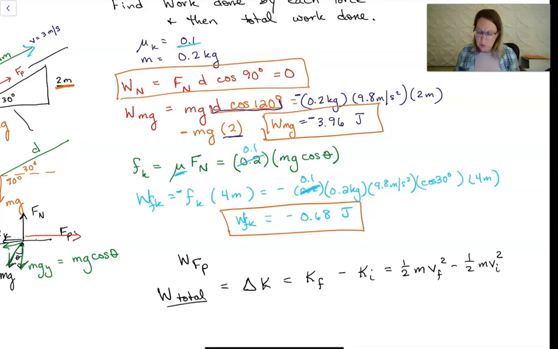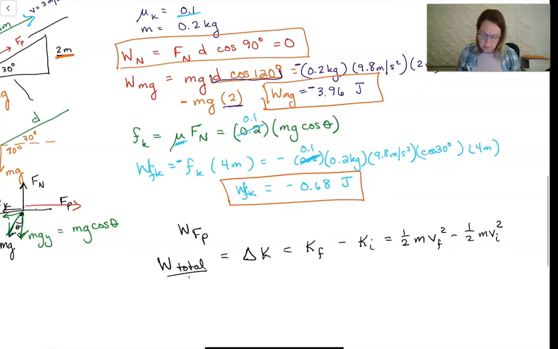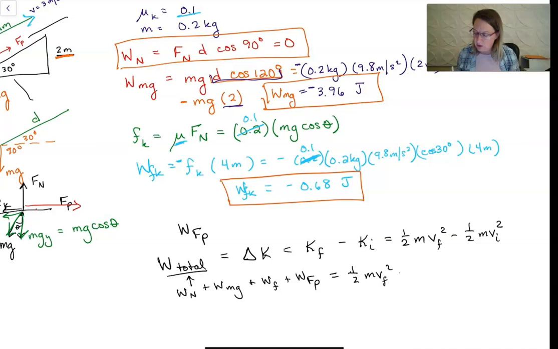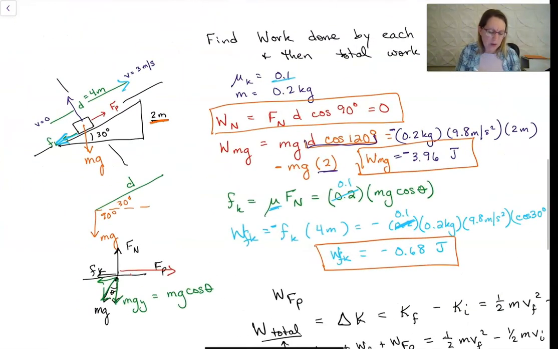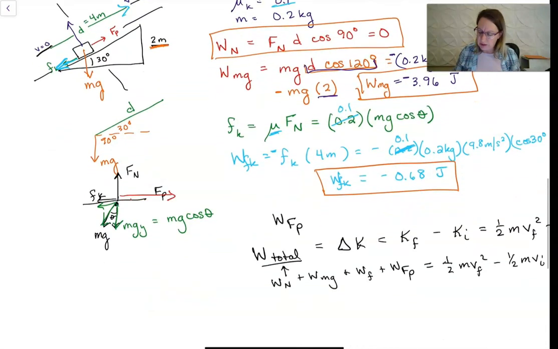And this total work is going to be work normal plus work of mg plus work friction plus work of this pull force. And so all of that is going to equal 1/2 mv final squared minus 1/2 mv initial squared.